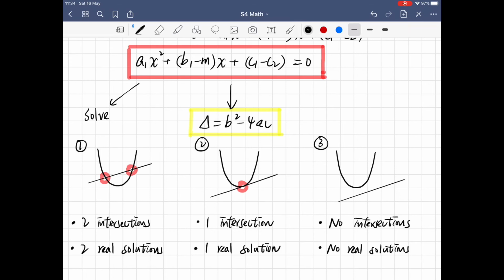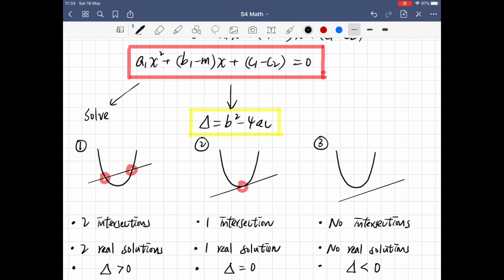Finally, in terms of delta, if there are two intersections, that means delta is greater than 0. If there is one intersection, that means delta equals 0. And for the third one, that means delta is smaller than 0.